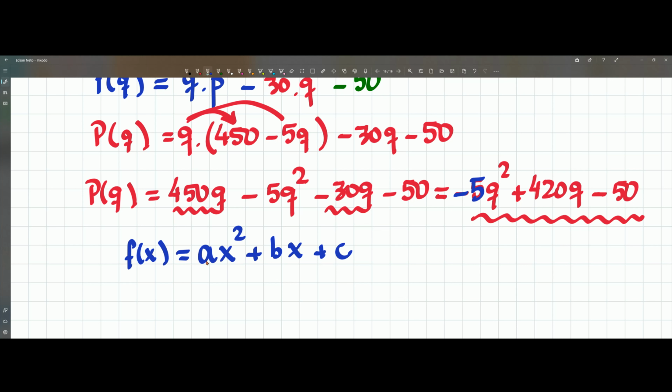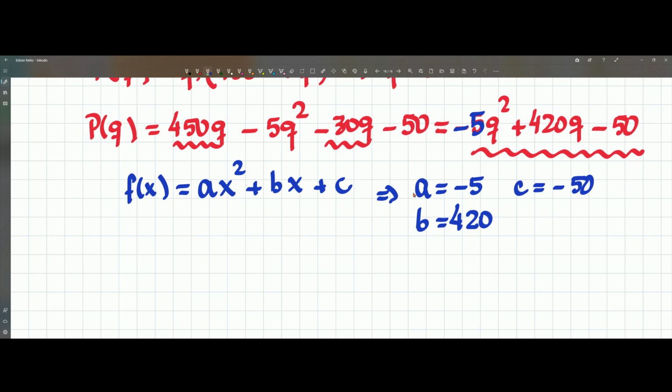Notice that the coefficient a is beside x squared, b beside x, and c is the independent term. Now we can compare and conclude that a equals minus 5, b equals 420, and c equals minus 50.